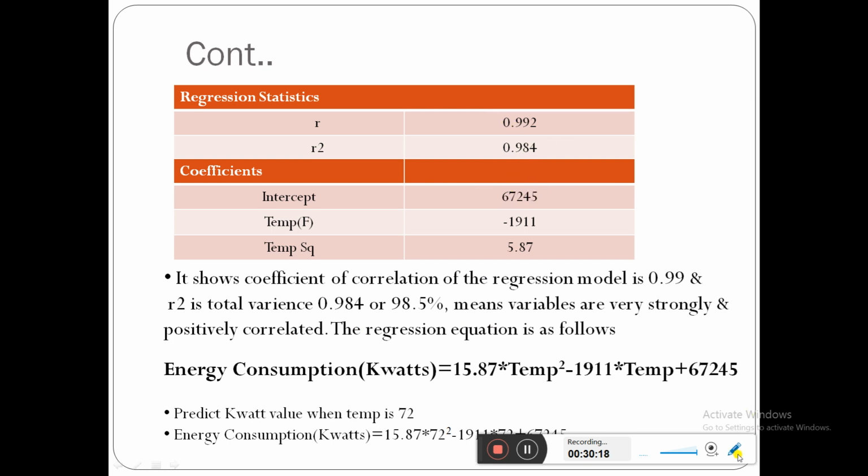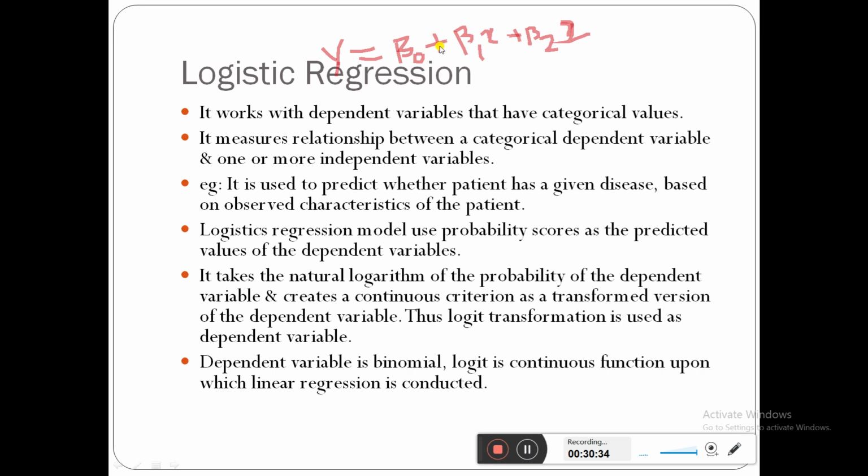We are going to take two variables here. The first one is temperature. The equation is y equals beta 0 plus beta 1 x plus beta 2 z.